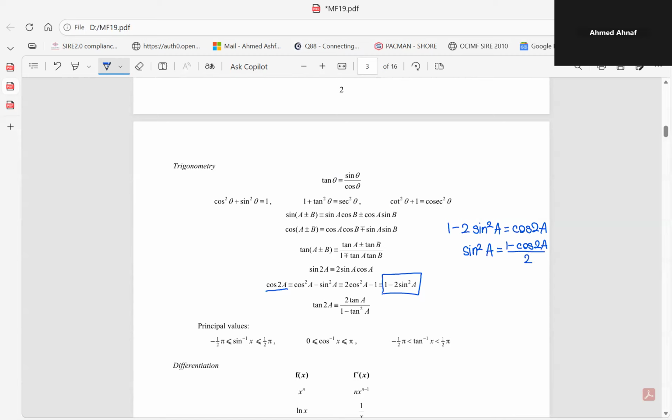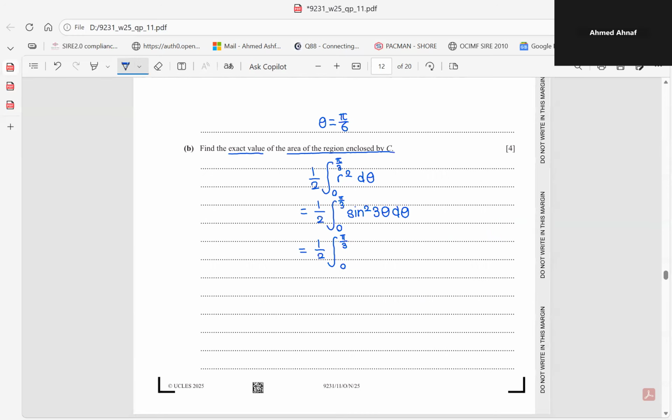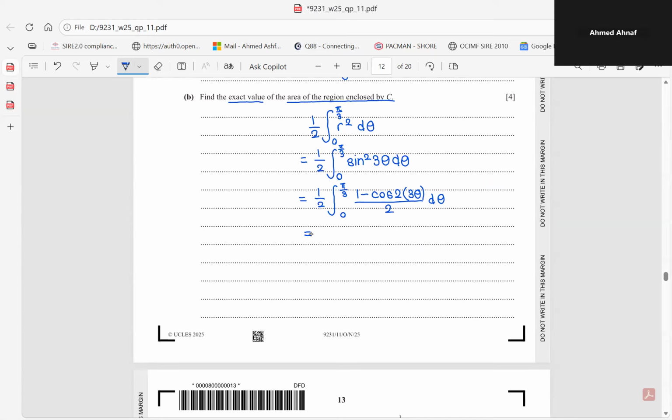We're going to substitute this exact result back in. So this is going to be 1 minus cosine 2A, which is 3 theta, over 2 d theta. You can remove the half, and you have 1 over 4 integral from 0 to pi over 3 of 1 minus cosine 6 theta d theta.